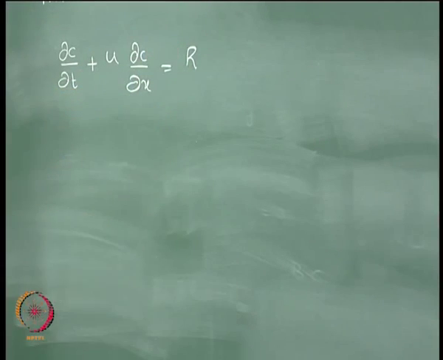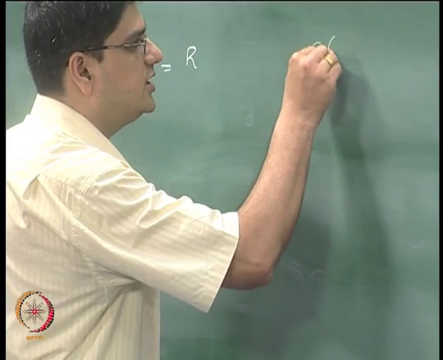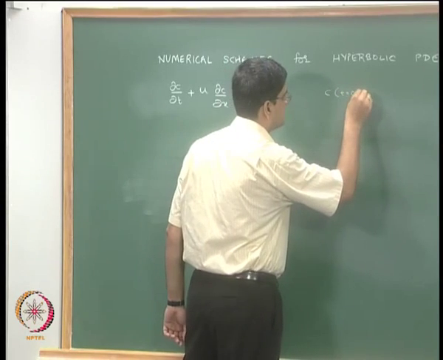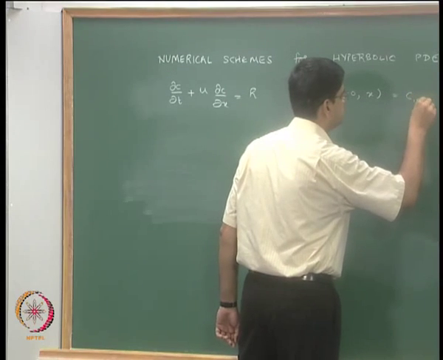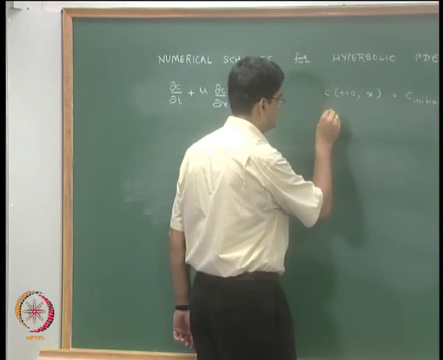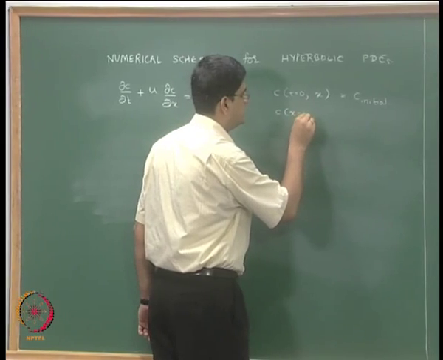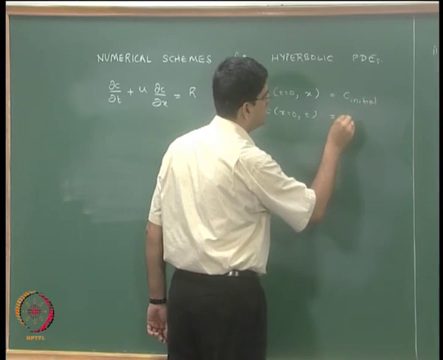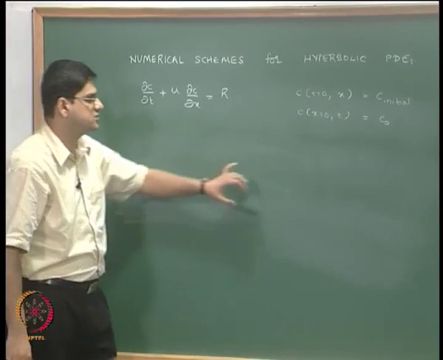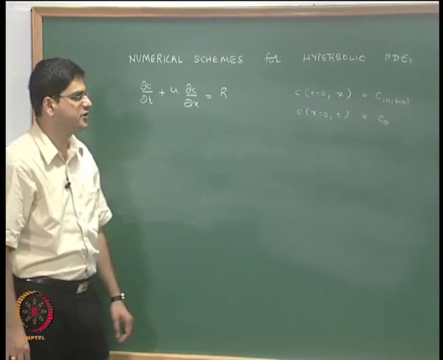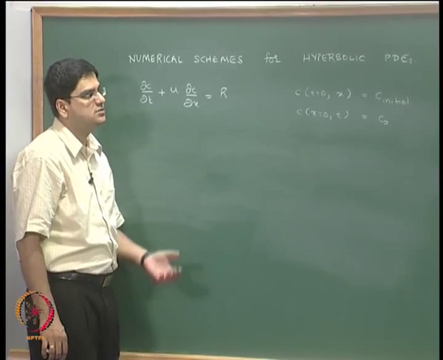This was our hyperbolic PDE subject to the initial condition C at t equal to 0 and all x being C initial, and C at x equal to 0 and all t being equal to C naught. Okay. These were the conditions for which we are going to solve this particular equation, as we have done in the parabolic PDEs.